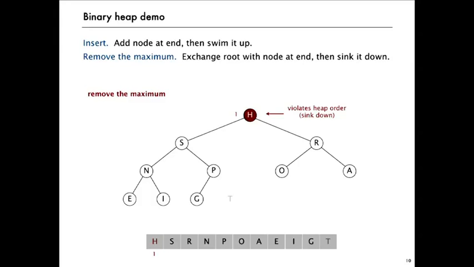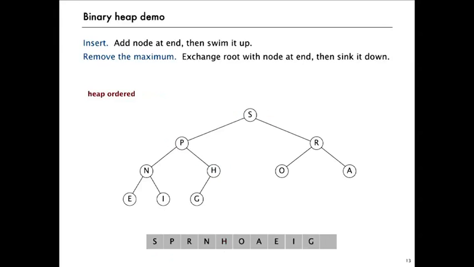So now we invoke the sink, where we exchange that node with the larger of its 2 children until we find a place where it's larger than both its children. So S is the larger of the 2 children, R and S, and now H is still smaller than both its children, so we promote the larger, which is P. Now H has no right child, just a left child, and it's larger than that one, so we're finished with that operation.